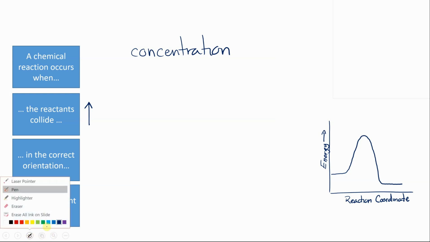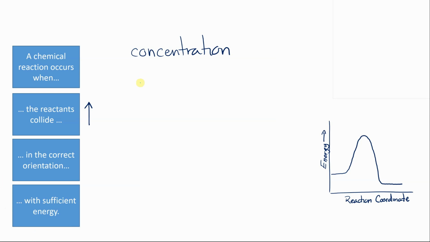The second main parameter that affects it is going to be temperature. Temperature is proportional to the average kinetic energy of these molecules, and so at higher temperature, the molecules are moving around more quickly in solution. At higher temperatures, we would expect more frequent collisions.